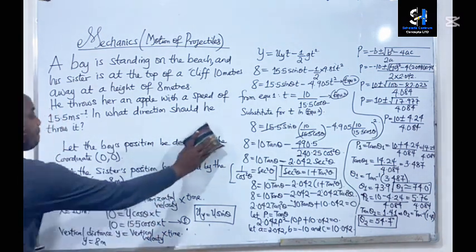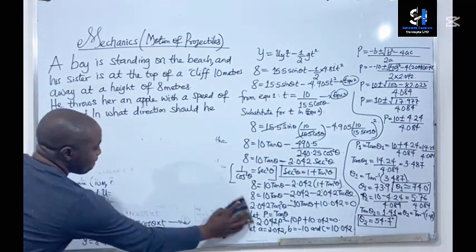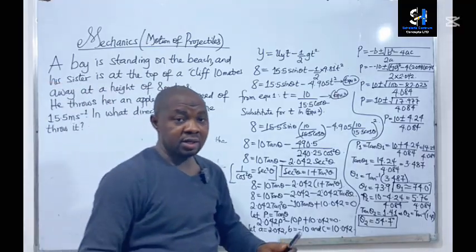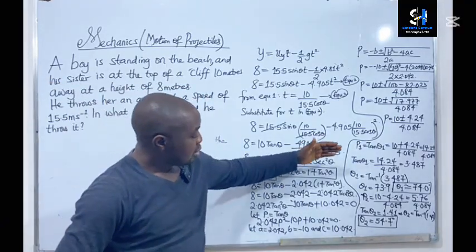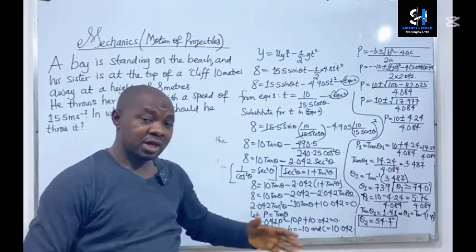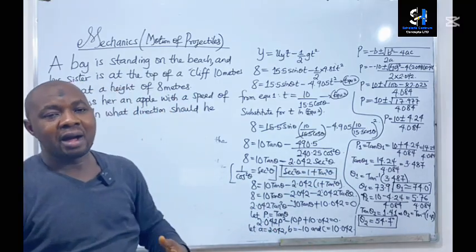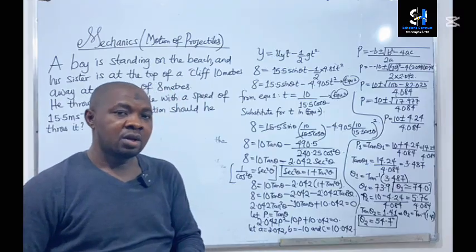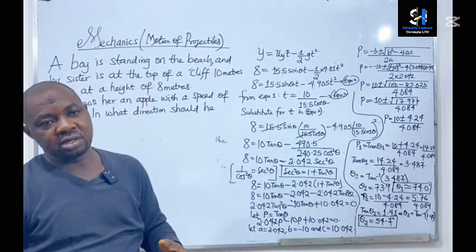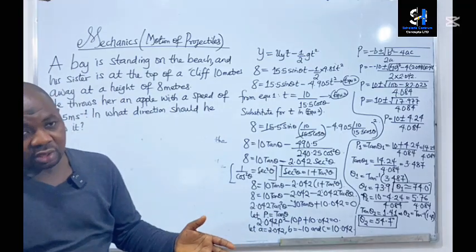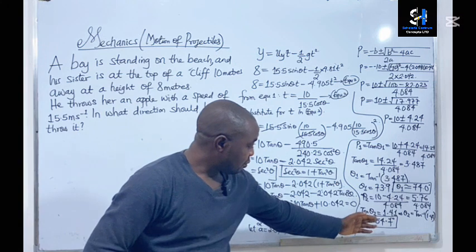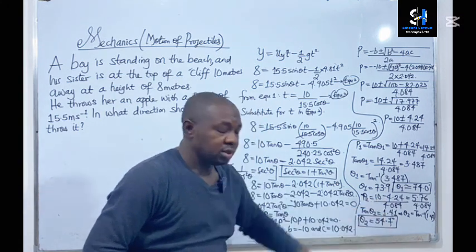So what we want to find out now is to know if one of these two angles or directions we just calculated is mathematically possible, or both are mathematically possible. If both are mathematically possible, then we can conclude that the direction will be between 54.7 degrees and 74 degrees.